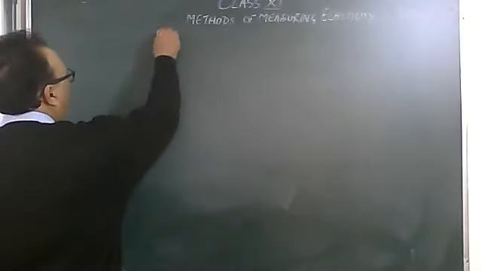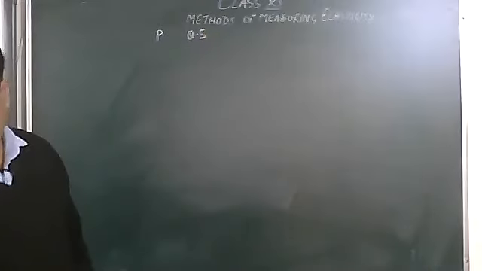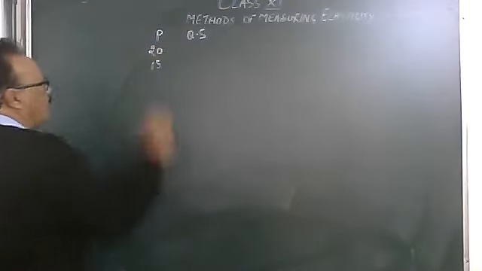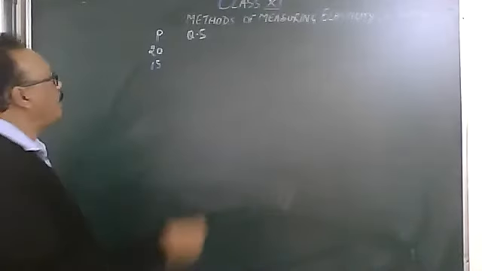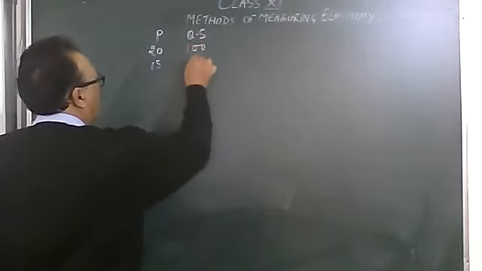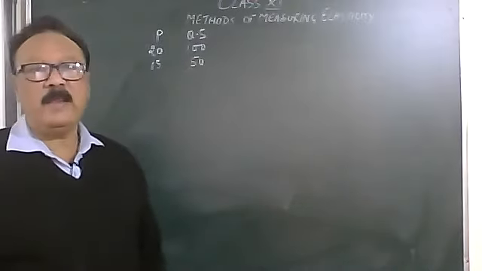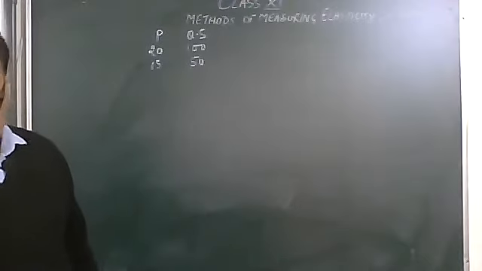Let us put down what we have, price and quantity supplied. The question said that the price of the commodity falls from 20 to 15. The supply falls from 100 to 50. Find the elasticity of supply.